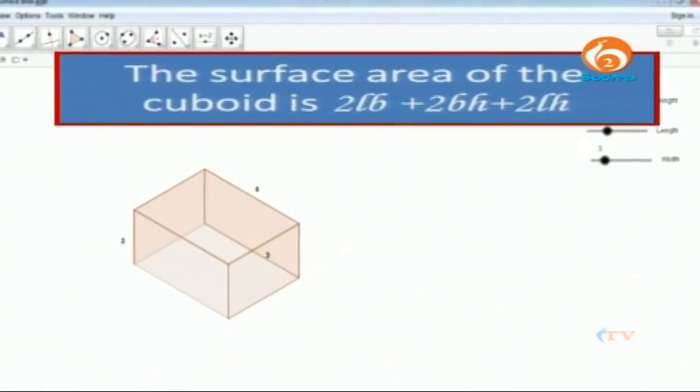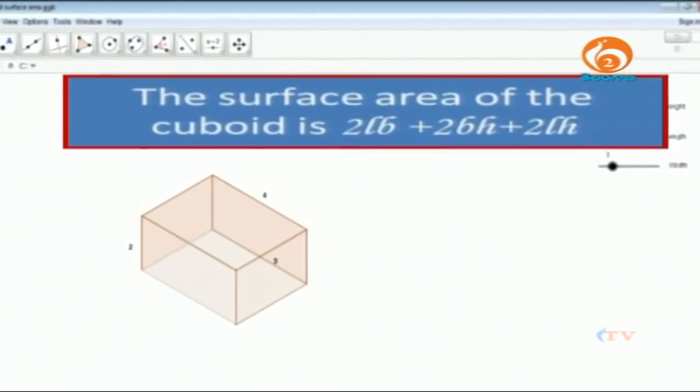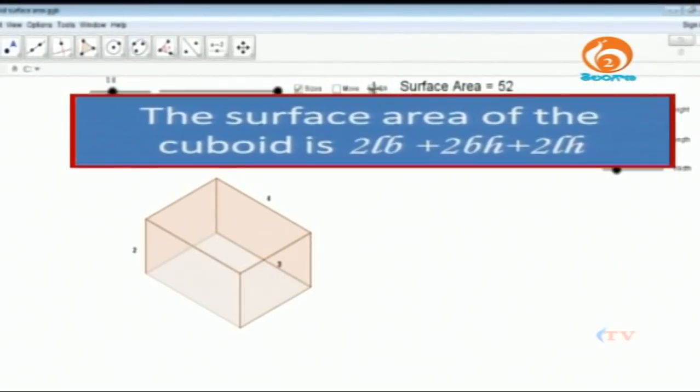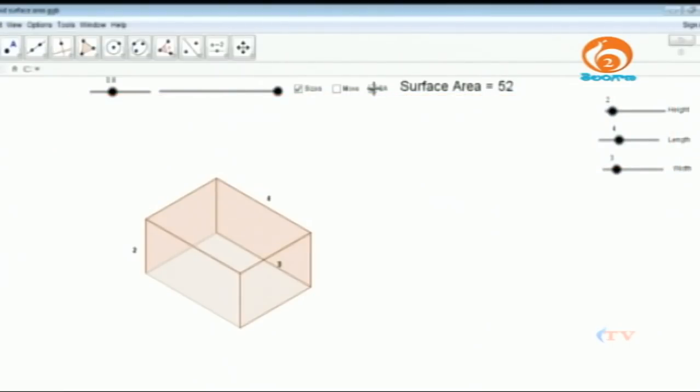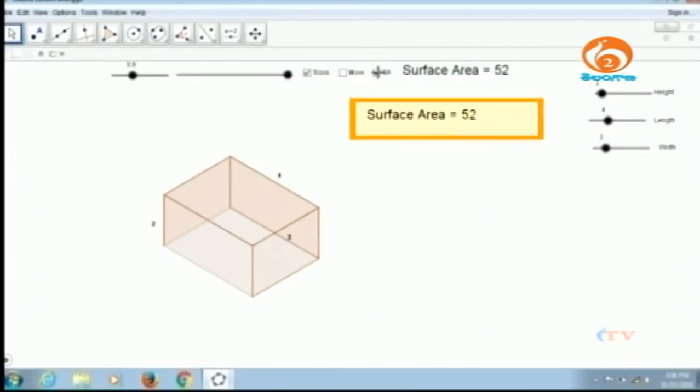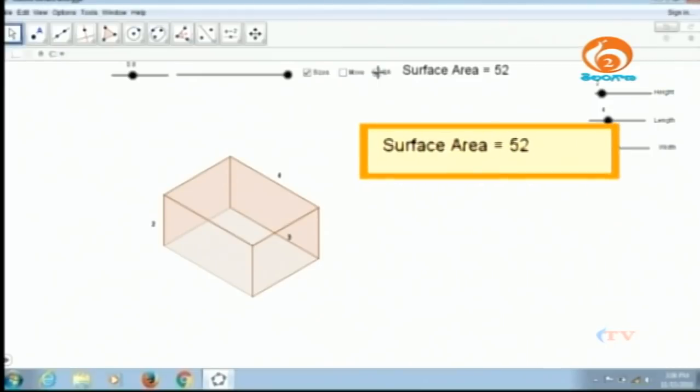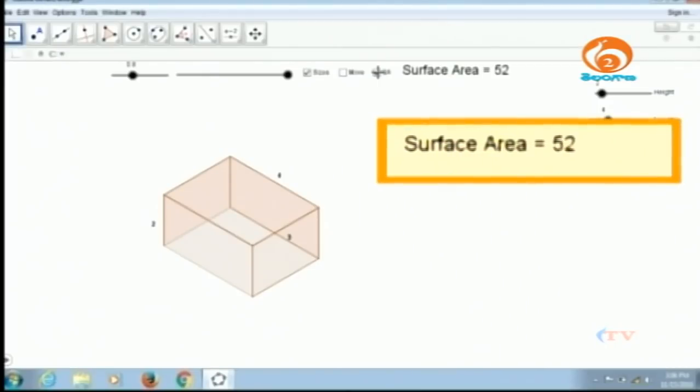Now, when you have substituted and calculated all those L into B and B into H and L into H, and doubled them and made a sum of it. Simple. Suppose the total surface area of a cuboid is given and one of the dimensions is missing.